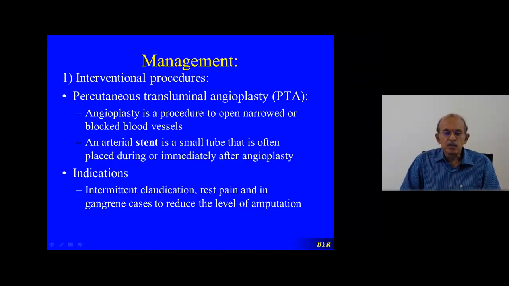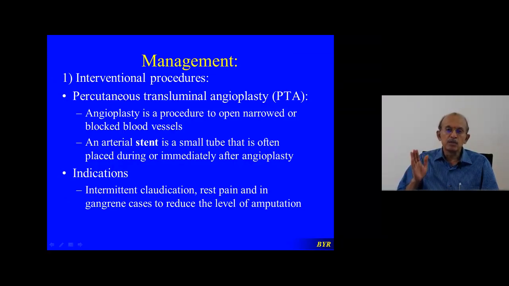That is why in those cases, what you do is an interventional procedure to relieve the obstruction of the femoral artery. Once the femoral artery obstruction is relieved, the perfusion will be there up to the ankle or up to the foot. Once the restoration is done, then you can limit the amputation only up to grade 2.